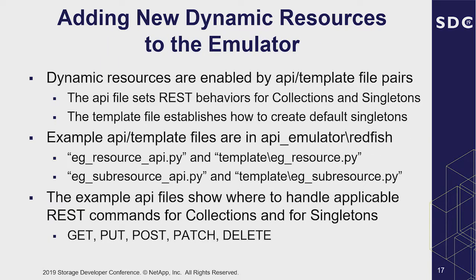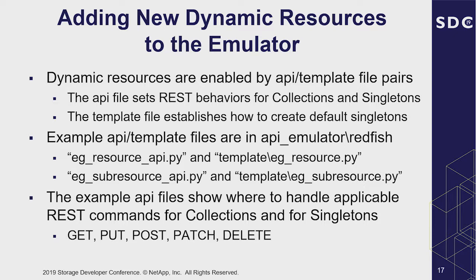Did I forget anything there? Right. The only other thing here really is that those API files handle collections as well as singletons. There are actually two sections. When I did a cleanup sweep going through the emulator, I put all the collection things second, and the top are the singleton behaviors.